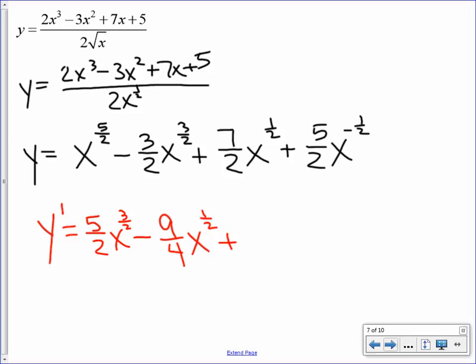Plus, when we drop the power for power rule, that becomes 7/4 x to the negative 1/2. Now what's this coefficient? Negative 5/4 x to the negative 3/2.